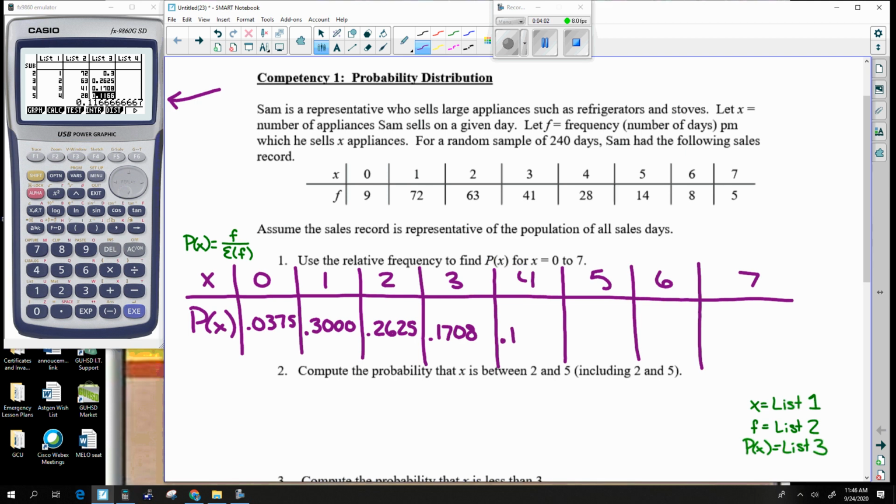Here's one that we have to round, 1167, 0583, 0333, and 0208.